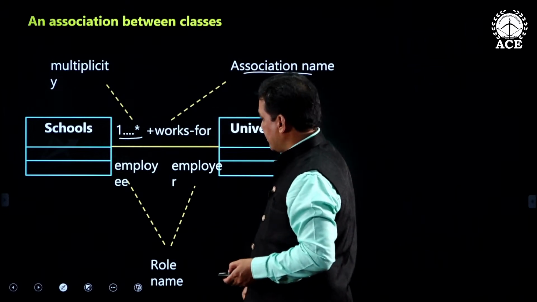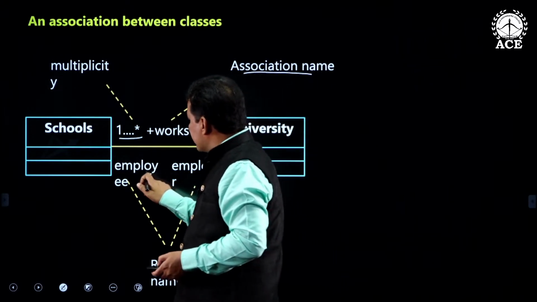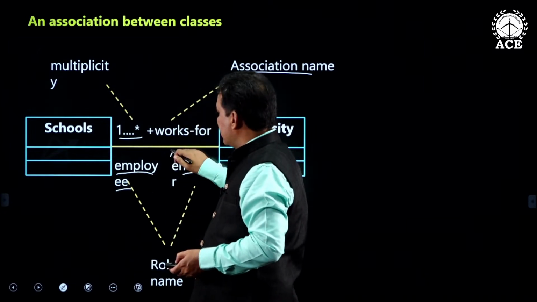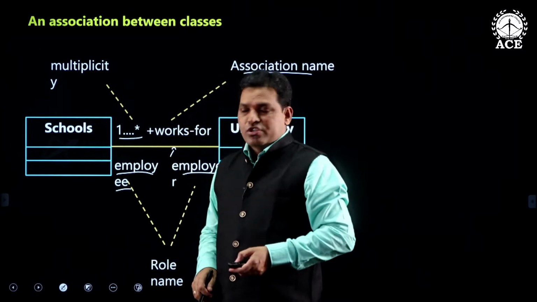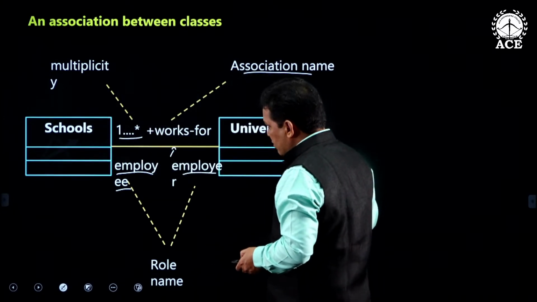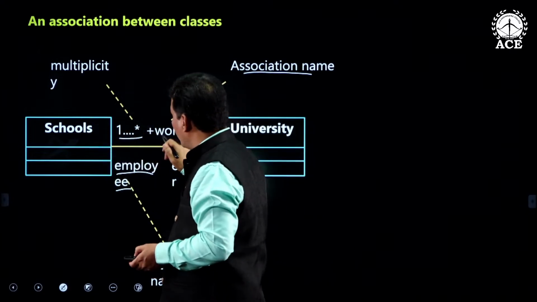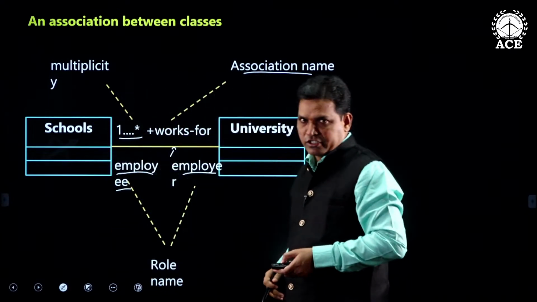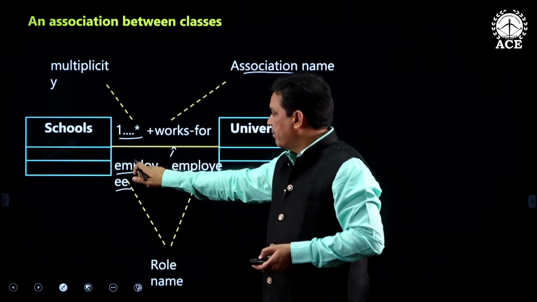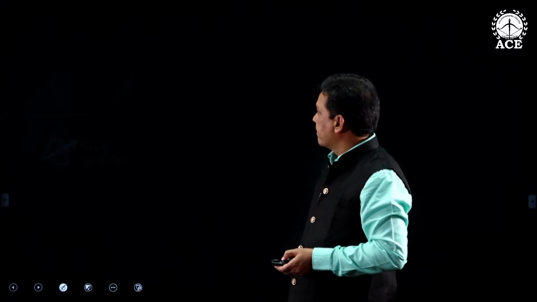Here employee and employer, university. Which relationship did we use here? Association. Why association? Schools depend on the university, and at the same time the university also depends on schools. That's why two-way dependency, so the association relationship was used between these two classes. What is the role here? Employee, employer is the role, right?